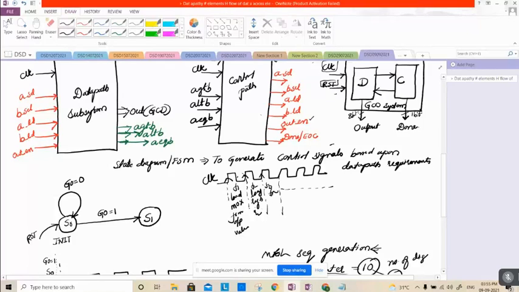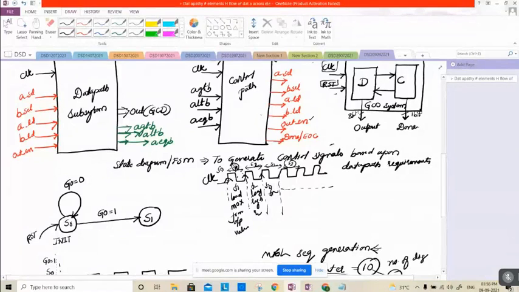For easier understanding, this is nothing but state S0, this is state S1, this is my state S2, this is state S3.